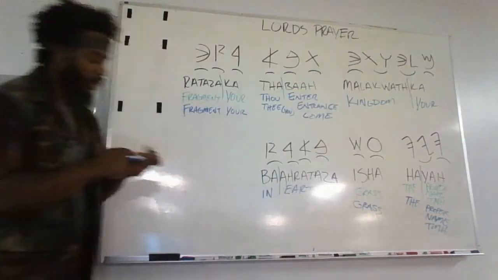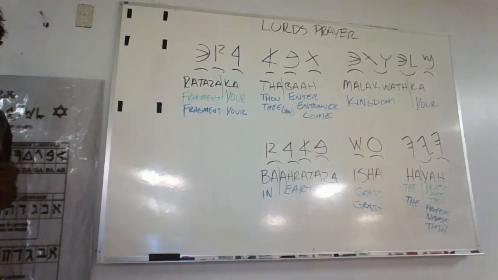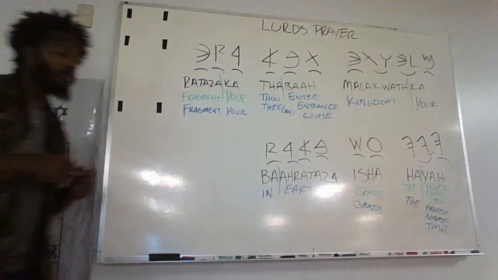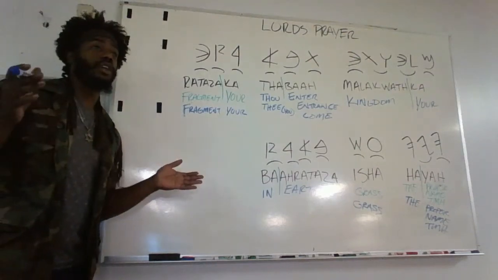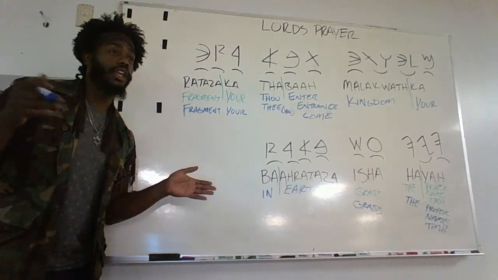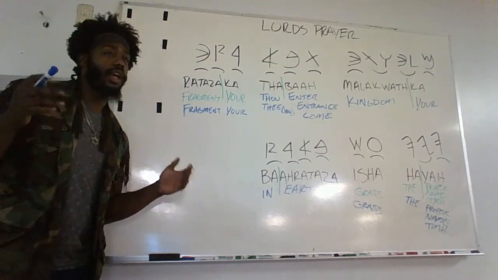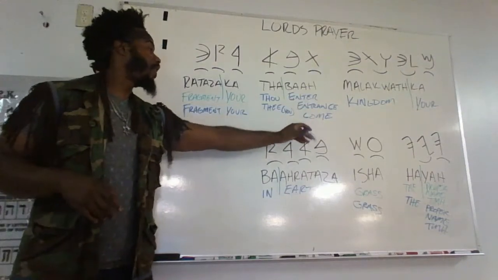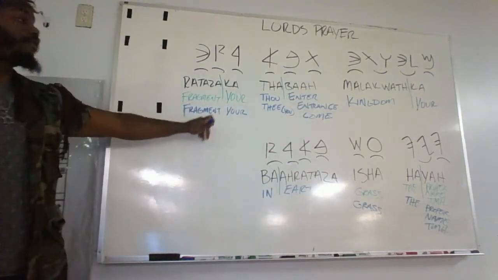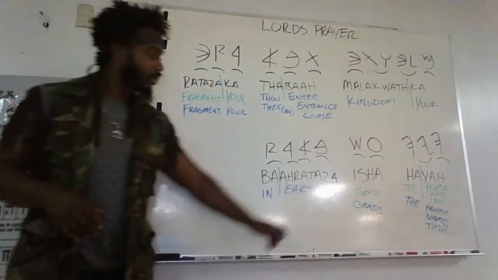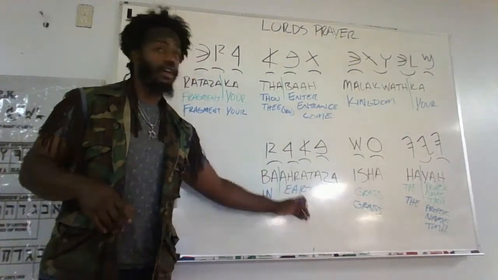Okay, so look at how this gives even more context, right? In English, it's our Father which art in heaven, hallowed be thy name, thy kingdom come, thy will be done in earth. Thy kingdom come in earth. So your kingdom enter, your fragment, on the earth.